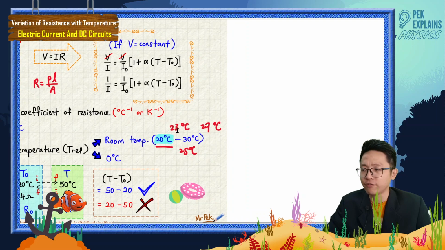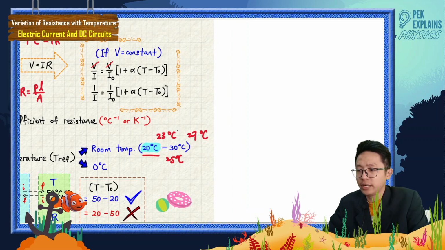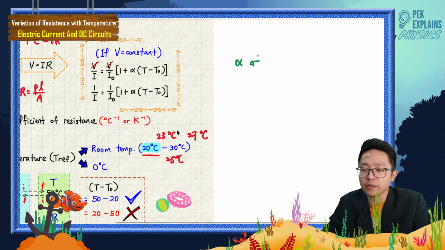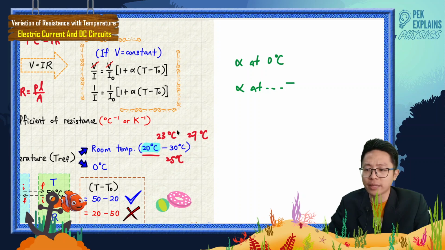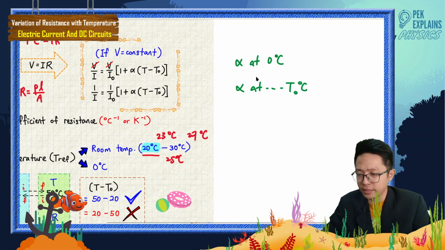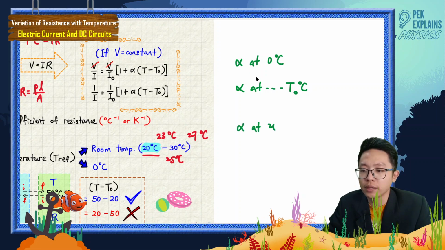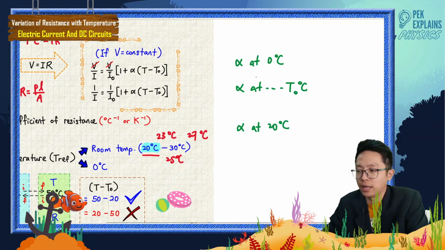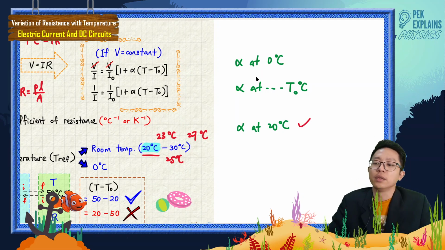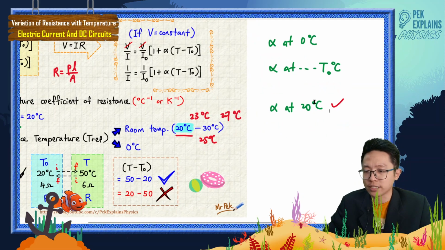Because you have different alpha at different reference temperatures. You have alpha at 0 degrees Celsius, you have alpha at some other reference temperature. For our syllabus, we use alpha at 20 degrees Celsius. So that's why you must maintain this 20 degrees Celsius as our T naught.